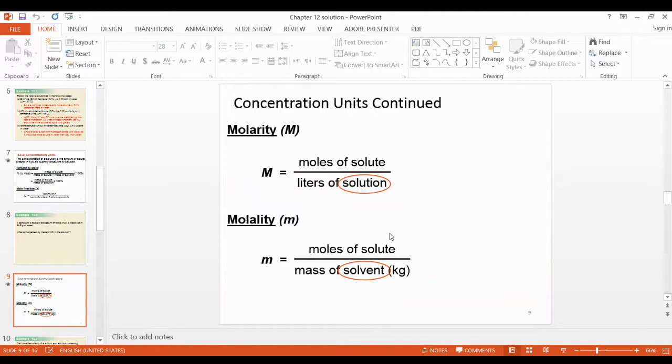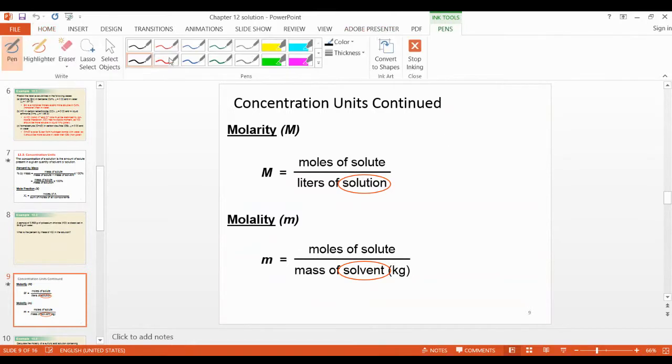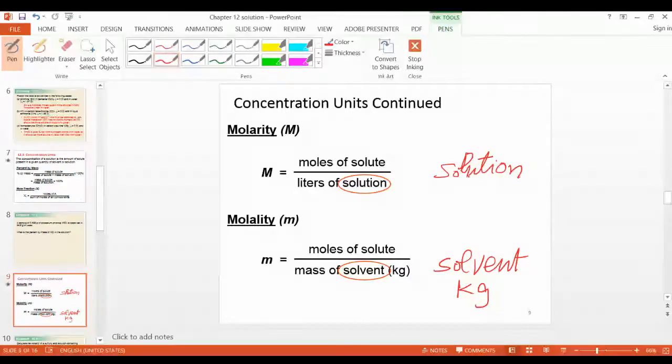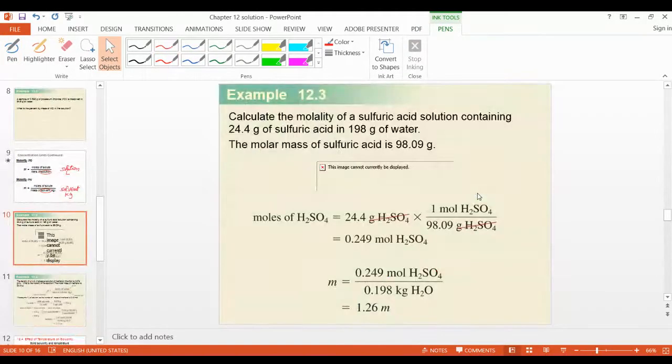The difference is that here it is solution, here, remember, it is solvent, that is kilogram. The solution is in liters. So this is the difference between molarity and molality.